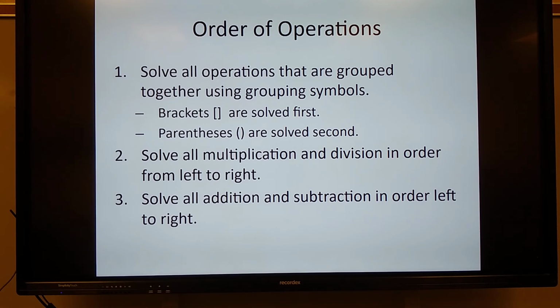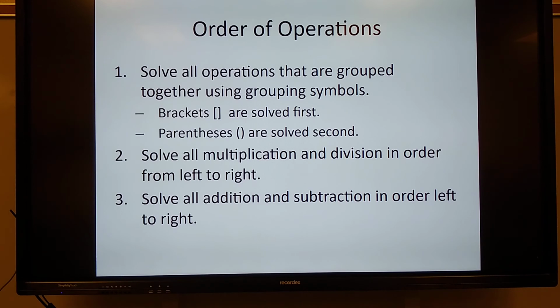Now, division can come before multiplication. It just depends on which one comes first. Number 2 could say solve all the division and multiplication in order from left to right. Whichever comes first, multiplication or division, you just start on the left side of the problem and you work your way to the right and solve multiplication and division problems.